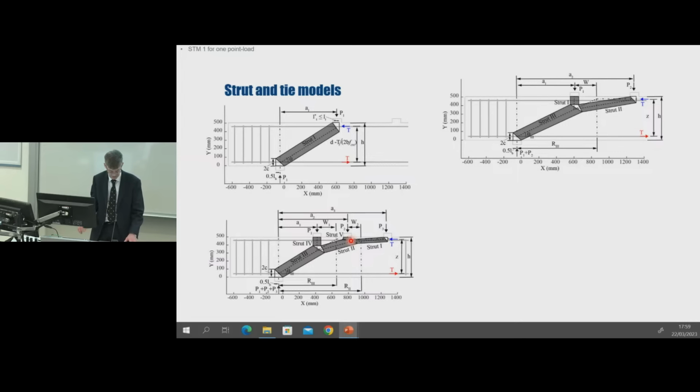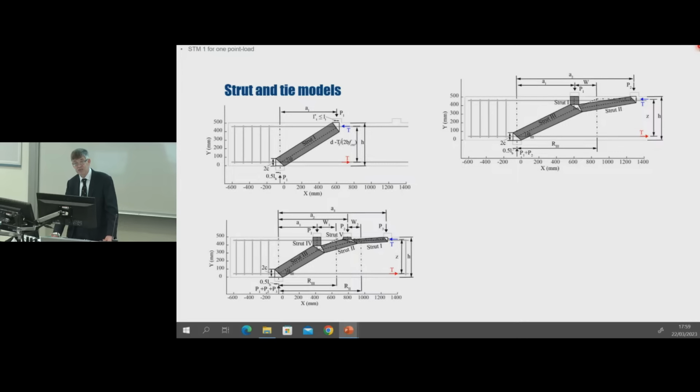In our model, we related the compressive strength of the struts to their angle of inclination and also the strain within the flexural reinforcement. So physically, relating the strut strength to the reinforcement strain is equivalent to relating the strut strength to the width of the critical shear crack, which is in turn related to the reinforcement strain or extension.